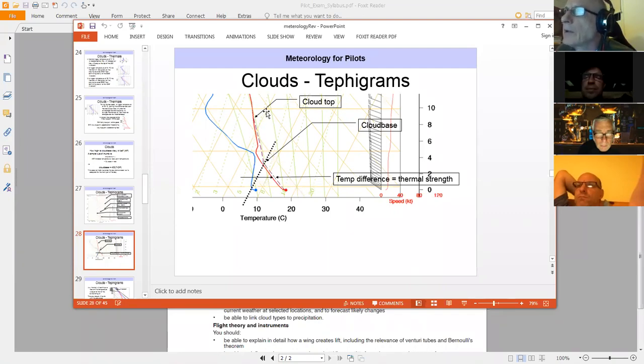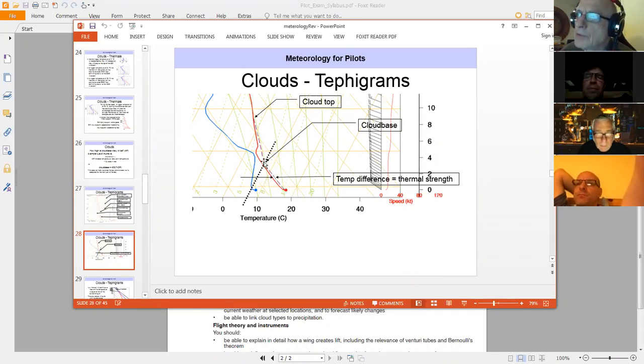These lines you see going at 45 degrees from right to left are our lines of dry adiabatic. These are the temperature drops associated with that. So this line is following it. It releases, and it will now follow that cooling. If you took temperatures here, you'd find this is dropping at 3 degrees C per 1,000 feet.